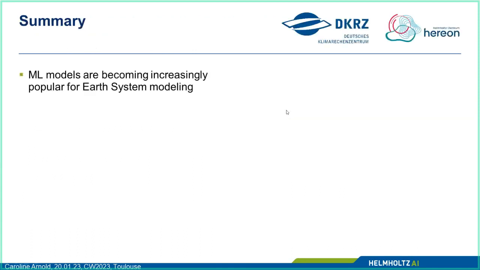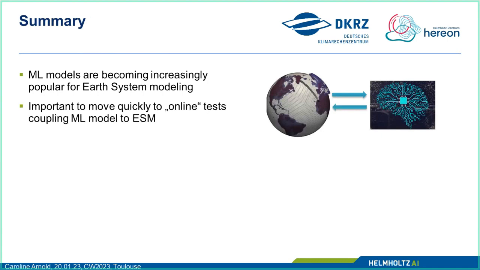This already brings me to my summary. For better or worse, machine learning models are becoming very popular now for Earth system modeling. And we're interested in providing solutions so that the ML developers can move quickly to so-called online tests, where the machine learning model is really running together with the Earth system model instead of tinkering with it offline.